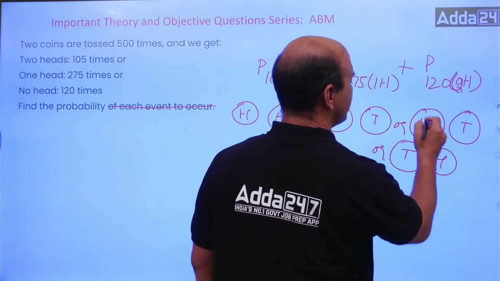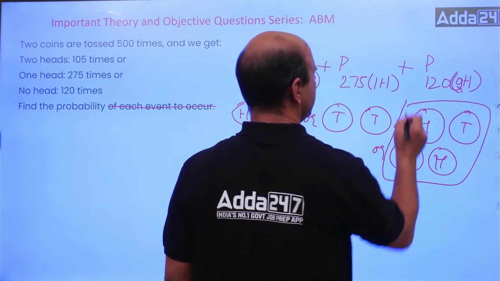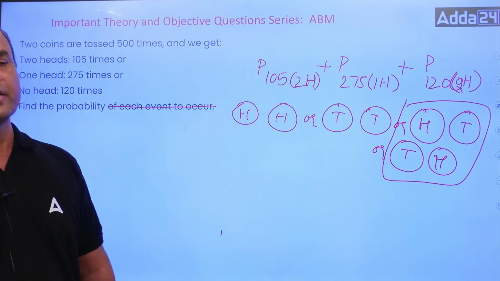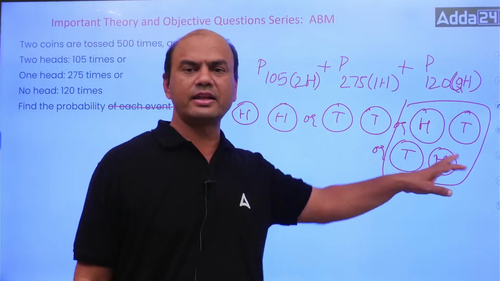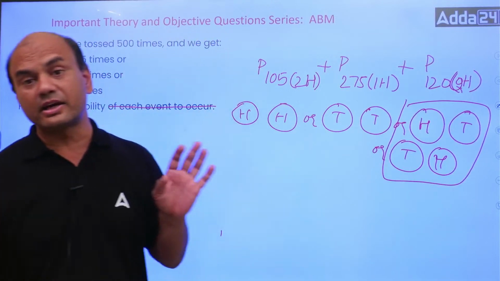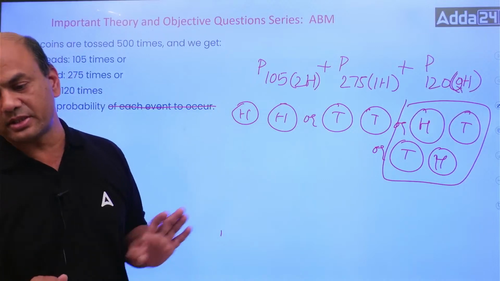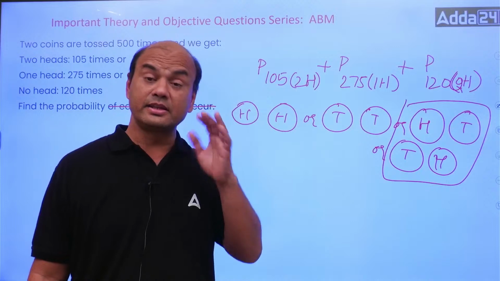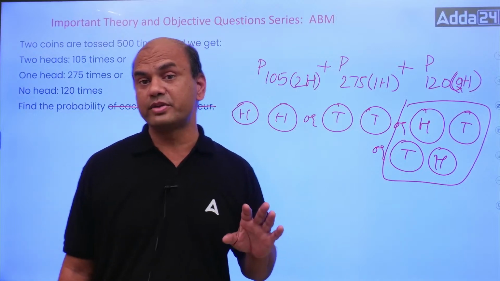These two can be combined, both of them are one and the same. So you can combine this, either head and tail or tail and head. Is any other possibility possible in this? Is there any other possibility which can occur?